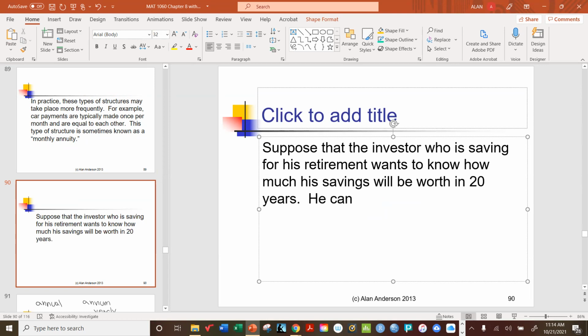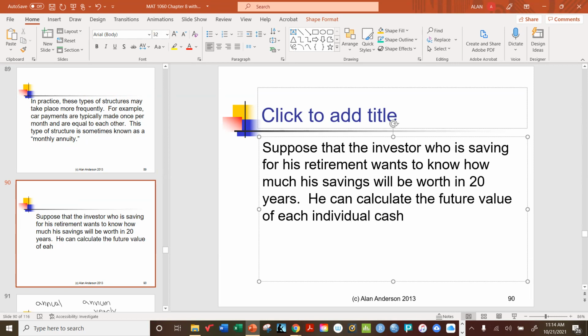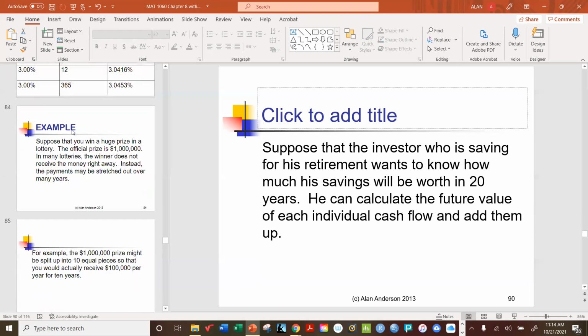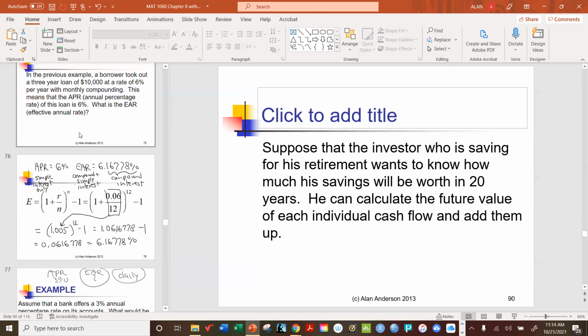Okay, he can calculate the future value of each individual cash flow and add them up. In other words, he can use this formula that we've been using.